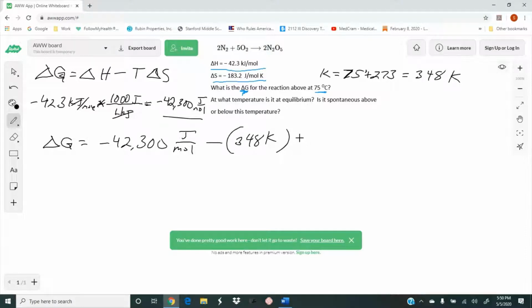Times delta S, and delta S here is negative 183.2 joules per mole.